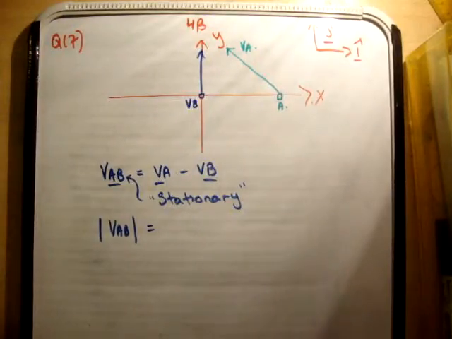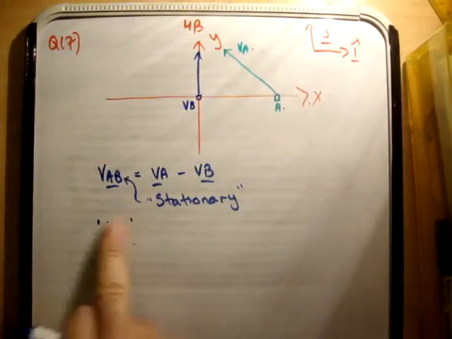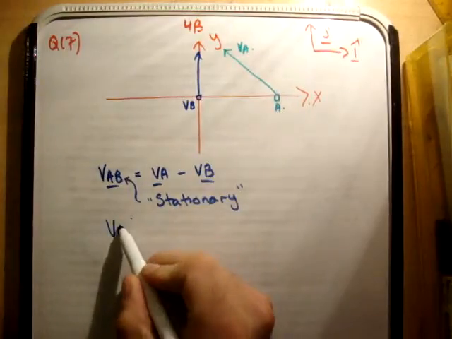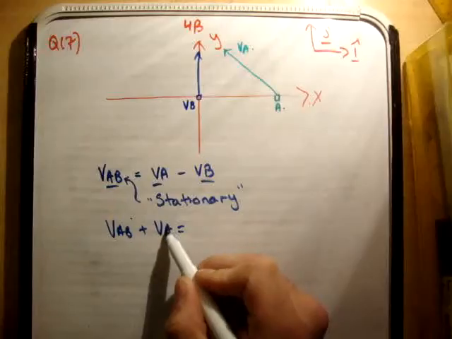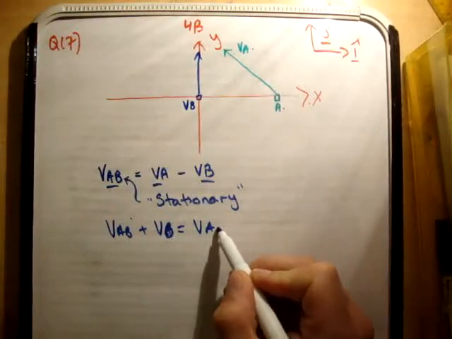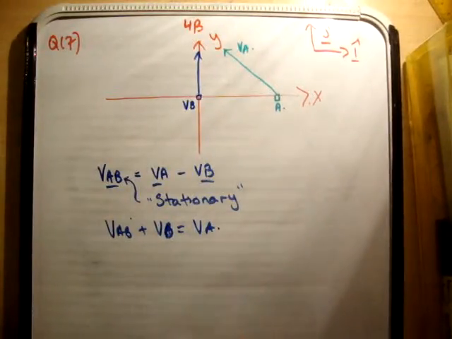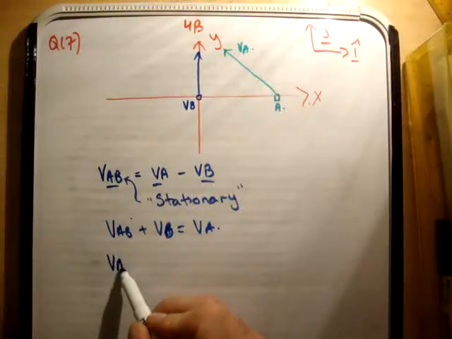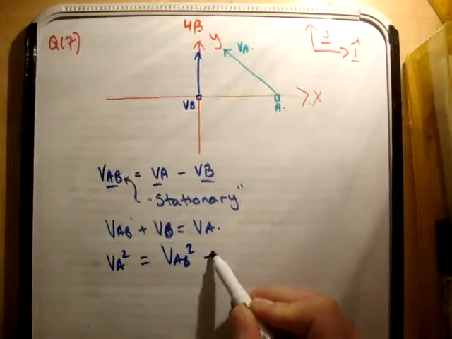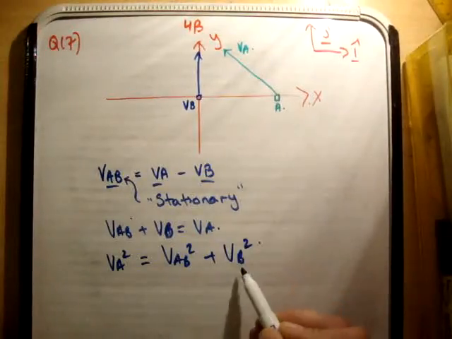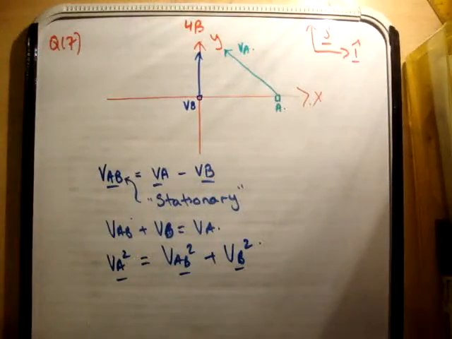If we rearrange this, VAB plus VB is equal to VA. So if we want the magnitude, it's just Pythagoras' theorem. We get VA squared is equal to VAB squared plus VB squared.